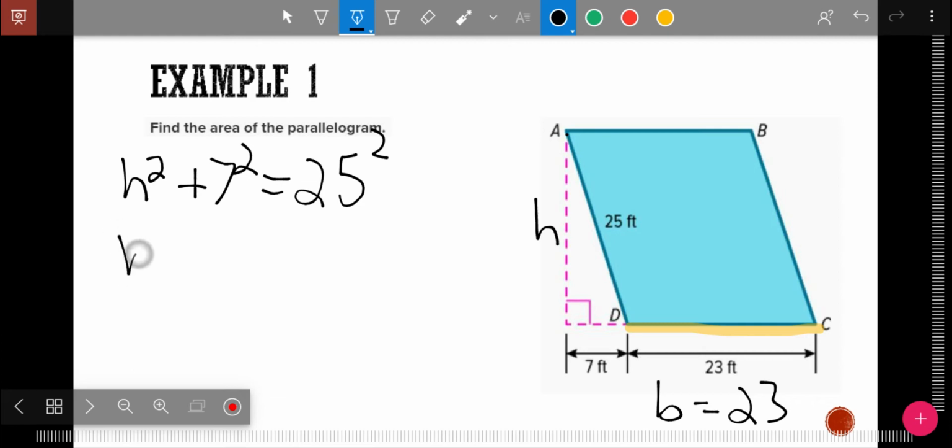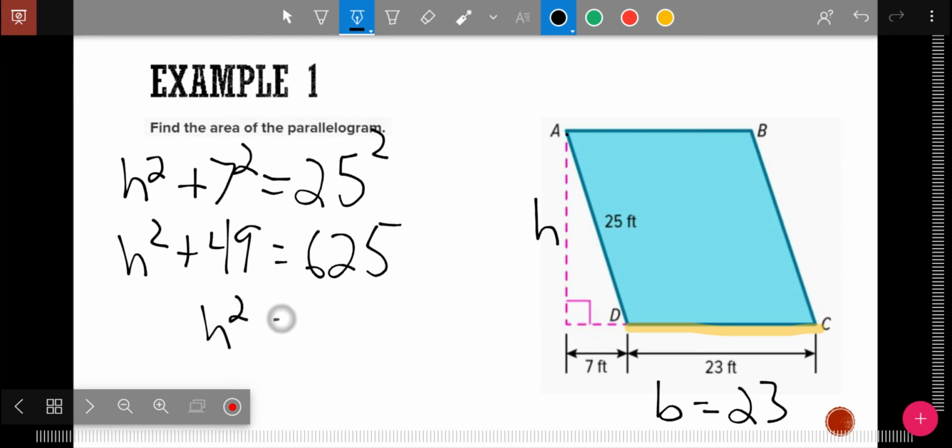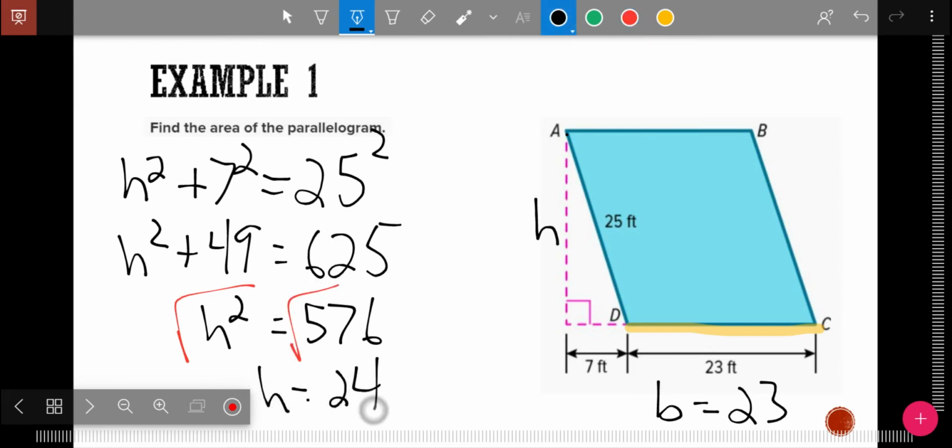H squared plus 49 equals 625. 25 squared, 25 times 25. 7 squared, 7 times 7. Minus 49 from both sides. H squared equals 576. I need to square root both sides. I end up getting H equals 24.